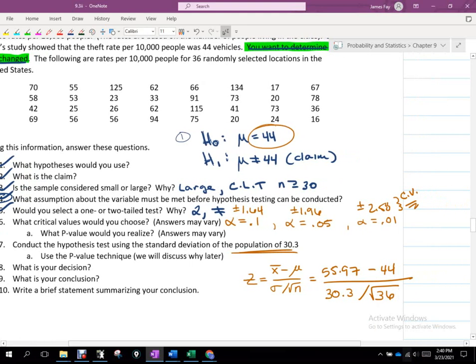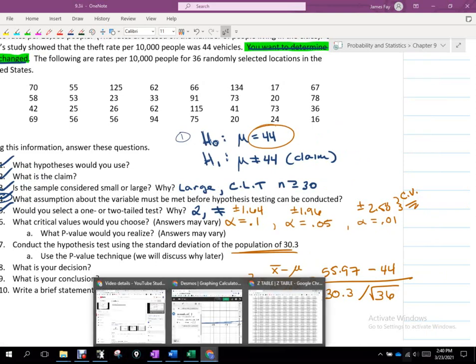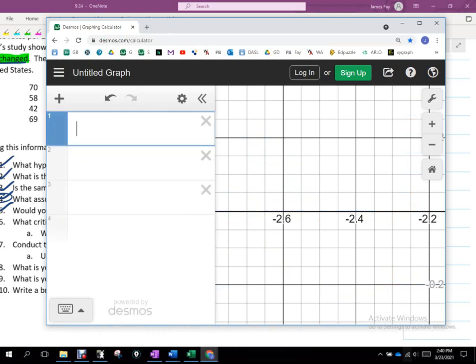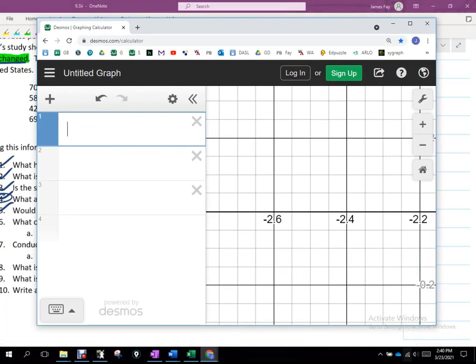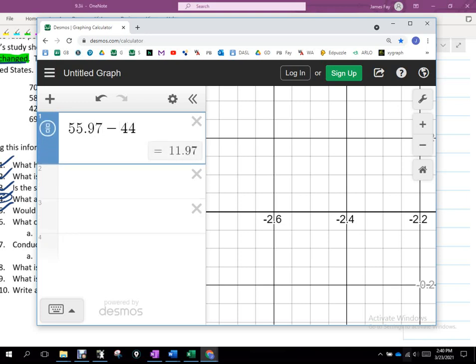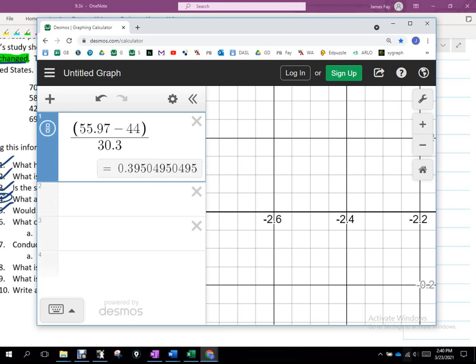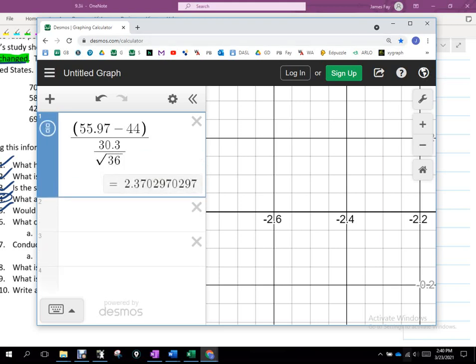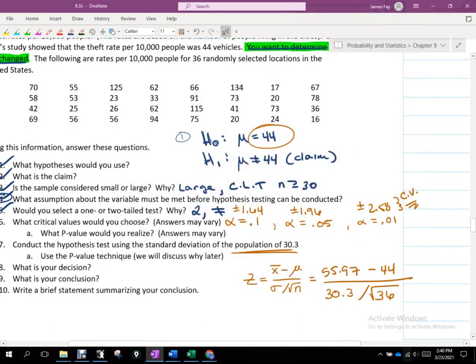So we can standardize that. 55.97 minus 44 divided by 30.3 over the square root of 36. 2.37. Okay, 2.37.